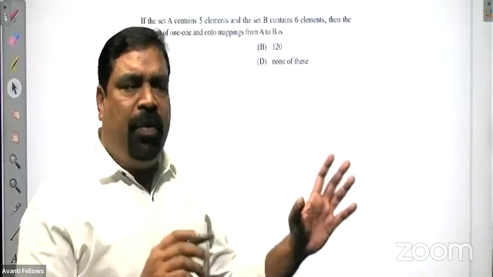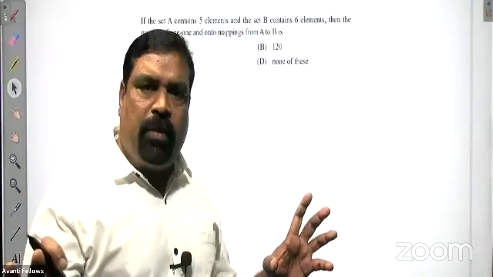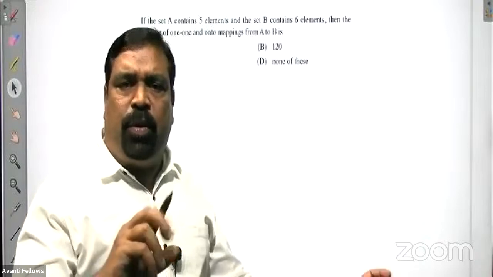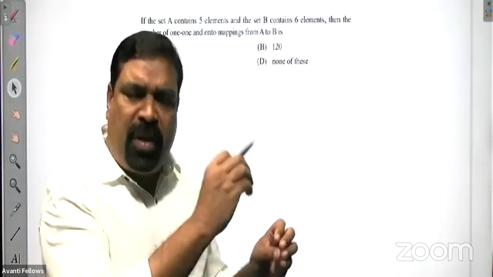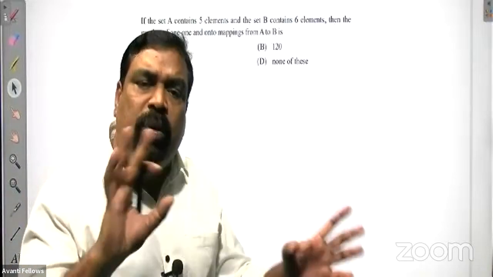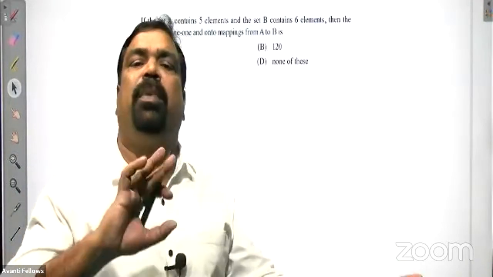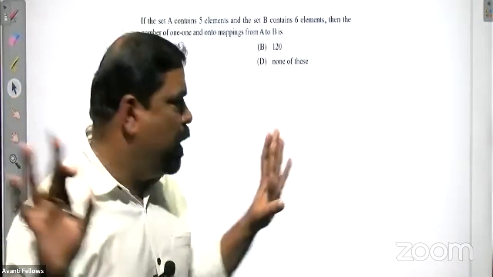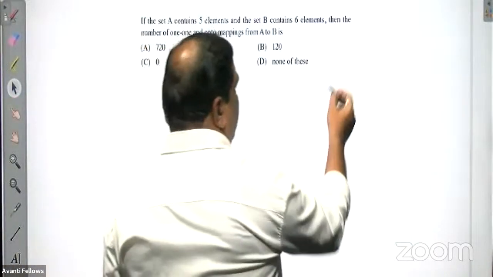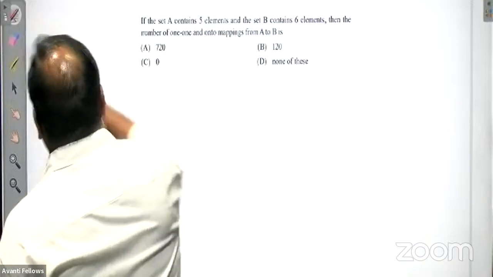If A and B are two finite sets, and if there is a 1-1 and onto mapping function from A to B, then both the sets must have the same number of elements. That is the only possibility. So we know the arrow diagram.